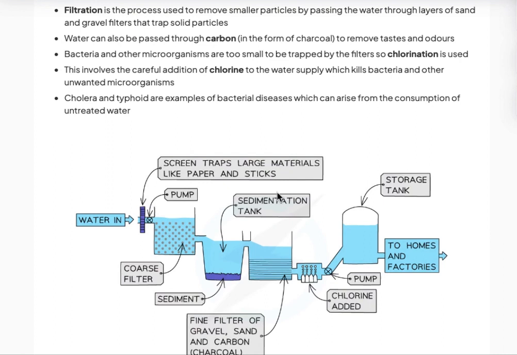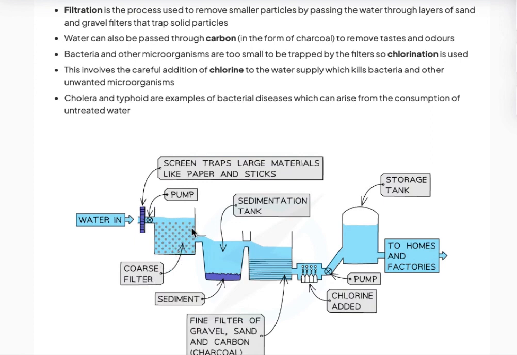So first of all, water is pumped into a tank, and in doing that, we have to filter the water as we pump into the tank, right? The screen traps large materials like paper and sticks. So we have to screen them and remove them and have the normal water, the quartz filter.